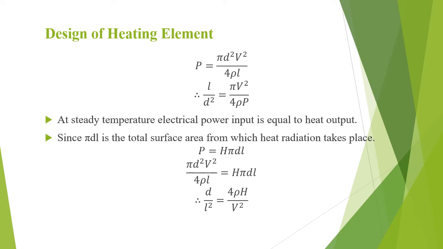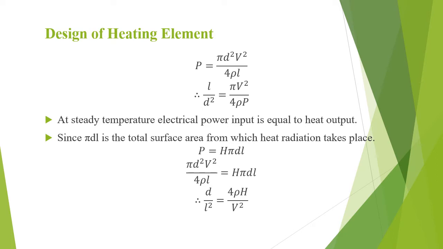From this we can get the term L by d square, that is nothing but pi V square by 4 rho P. We know that at steady temperature electrical power input is equal to heat output. So the total heat radiation takes place from the surface area, that is pi d L. Therefore P is nothing but H times pi d L. Substituting the P value, pi d square V square by 4 rho L, in this equation, we get pi d square V square by 4 rho L equal to H pi d L. Therefore, d by L square is equal to 4 rho H by V square.